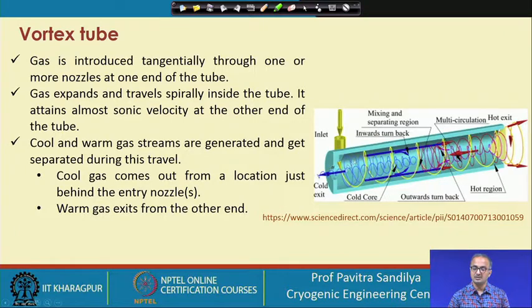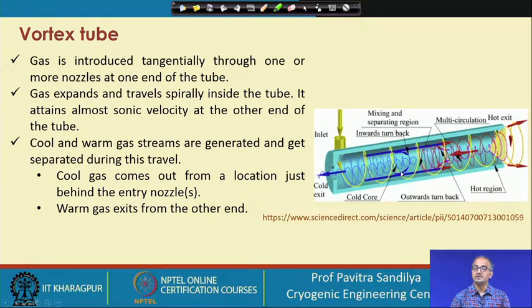This gas undergoes a swirling motion, and because of this swirl motion, the heavier fractions tend to move towards the wall, whereas the lighter fractions tend to move towards the axis of the tube. Now, in this case, the gas may reach a sonic velocity, and also there will be an expansion while it is swirling.